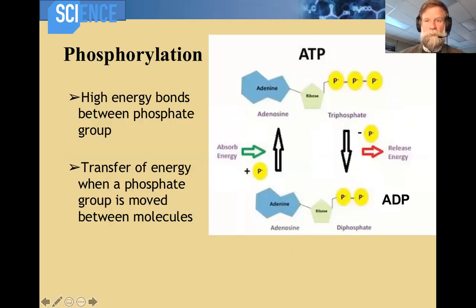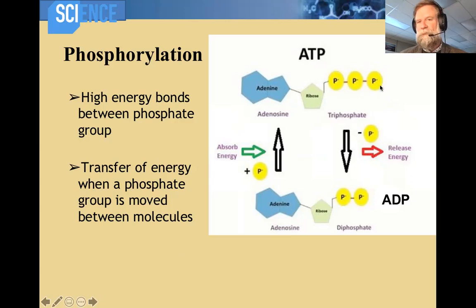problem there. So a closer look at what happens to ATP, we call this phosphorylation. Phosphorylation is adding that P back after it's been broken off and the energy is released. And so if we look at this slide here, here's our ATP molecule, adenosine triphosphate.